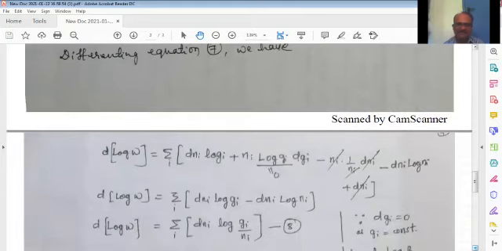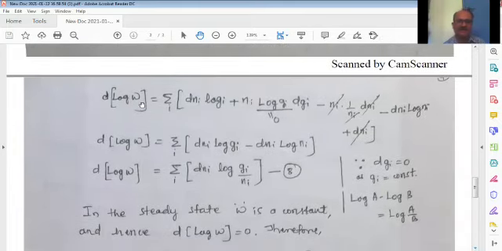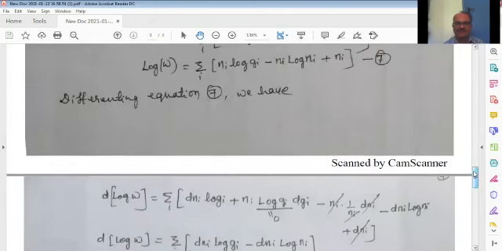What happens, you see? So that I will write as d log omega, where d represents the differentiation. So d log omega is equal to summation over i dNi log Gi. So here in the equation 7, the first term Ni log Gi is to be differentiated.